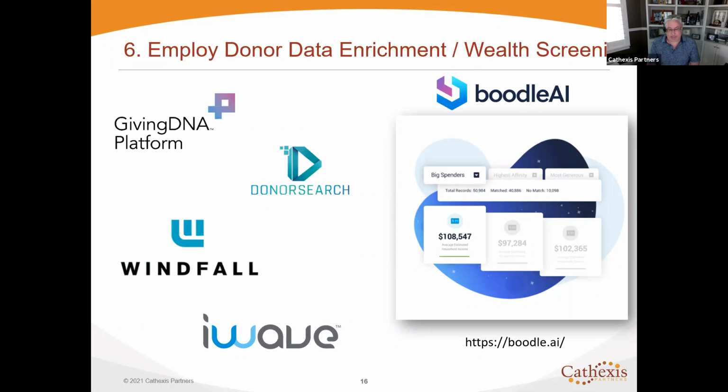So these platforms, there's a variety. On the high end, they have data syncs in real time to your CRMs. Maybe you're on Razor's Edge, or Salesforce, or Virtuous, or Neon, whatever it might be.